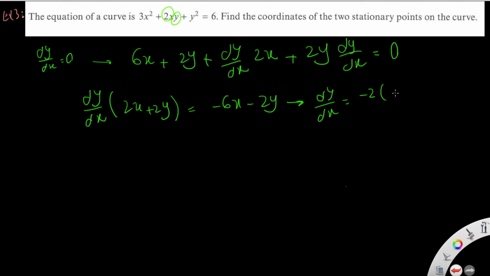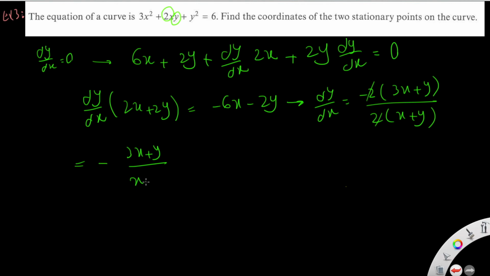I factor it, minus 3x plus y over, they have 2 in common, x plus y. 2 cancel out each other, so it will be negative 3x plus y over x plus y. It is actually dy dx now.